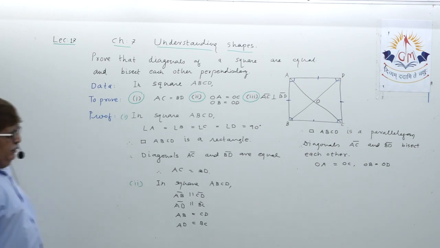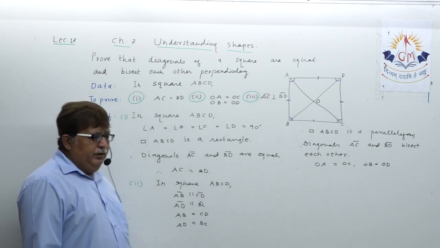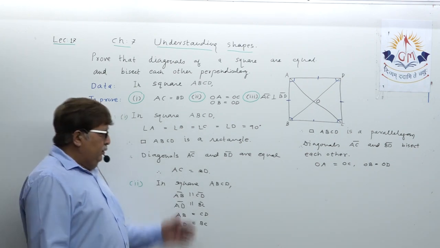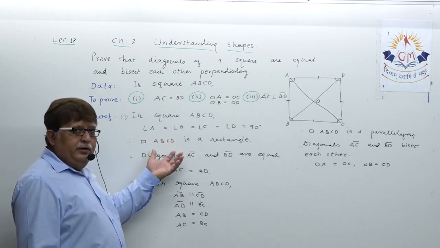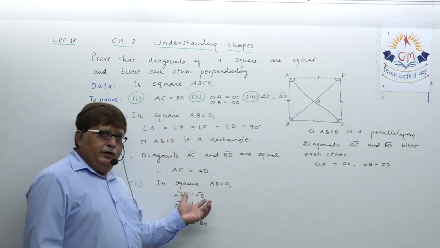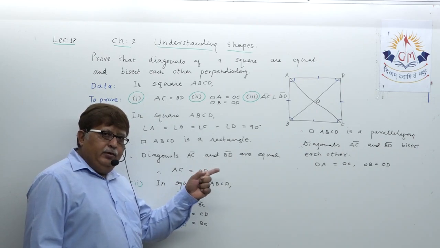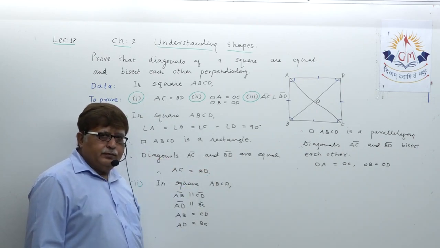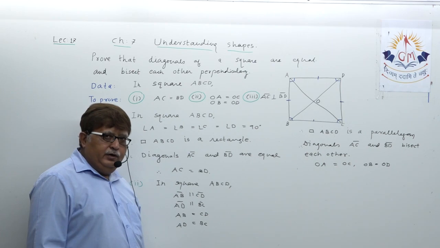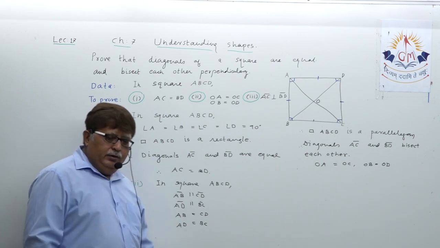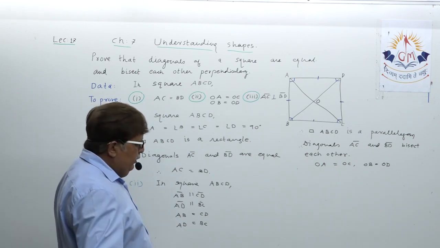Understood? Diagonals in a parallelogram bisect each other. Same square became a rectangle. Same square became a parallelogram, and because it is a parallelogram, diagonals bisect each other.